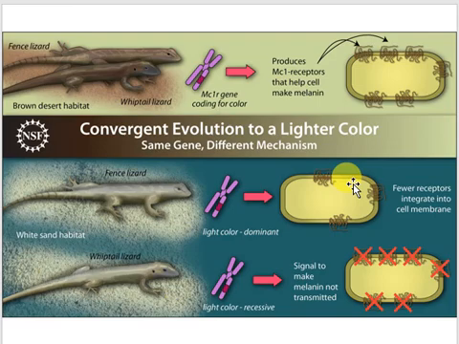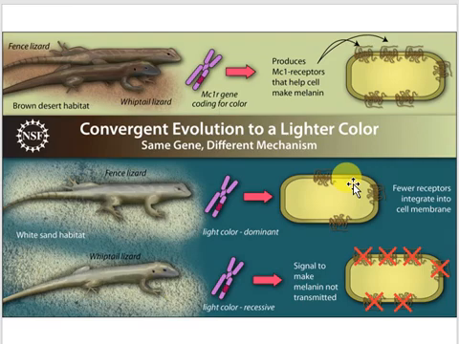This is a case of the same gene. It involves the MC1R gene, a gene coding for color, more specifically by influencing the uptake or reception of melanin by melanocytes. In these lizards, it's the same gene, but it's gone through convergent evolution, per se.